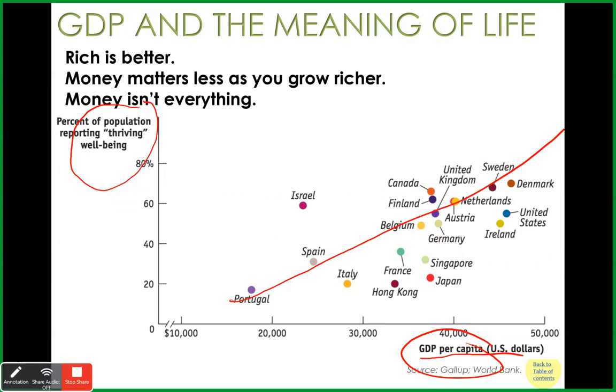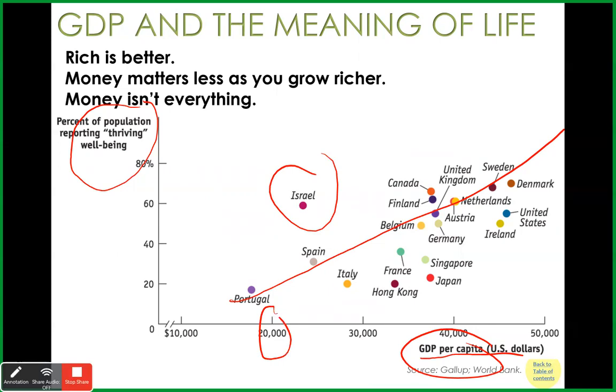It's not perfect in the sense that there are outliers. What are outliers? Let's just pick a few. Israel. Income is fairly low among this group of countries. By the way, those are considered rich economies, right? Because look at their per capita GDP.